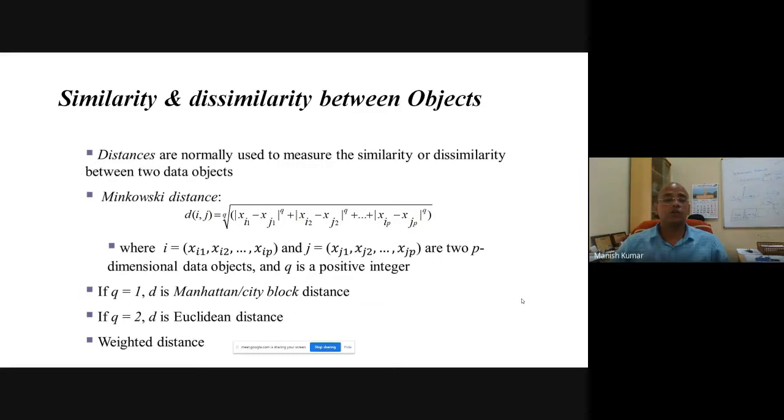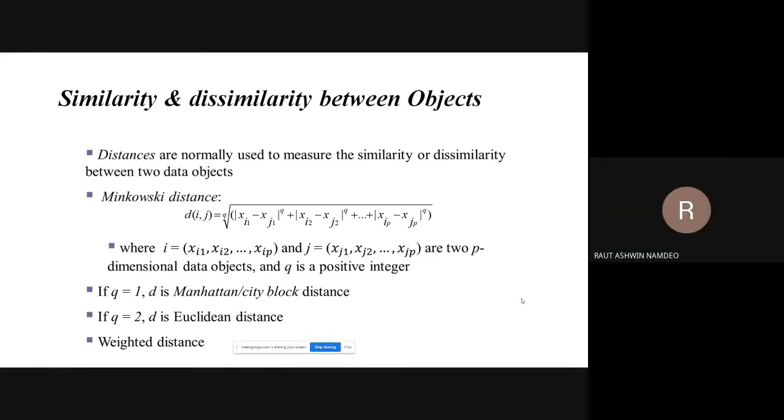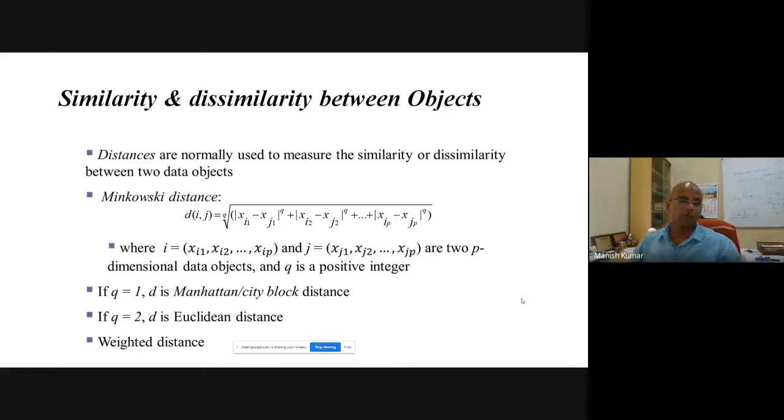So when we have q equals 1, you know that this is the Manhattan city block distance. And when we have q equals 2, then we have Euclidean distance, which is very famous and very widely used. One more thing which we can use is weighted distance.